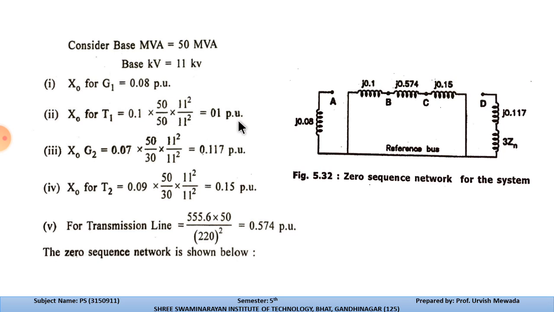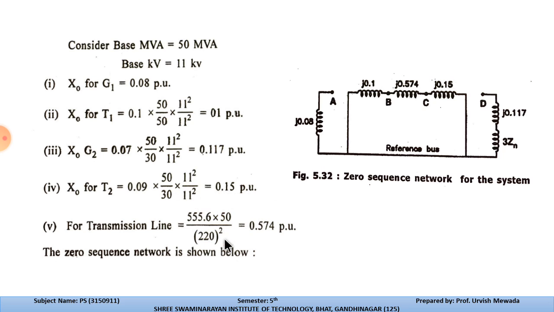So the x0 of T1 is 0.1 pu. X0 of G2, after putting the values in the equation, we will have 0.117 pu. And x0 for T2 is 0.09 multiplied by the base MVA 50 over the old 30, and 11 square by 11 square, so it is 0.15 pu.